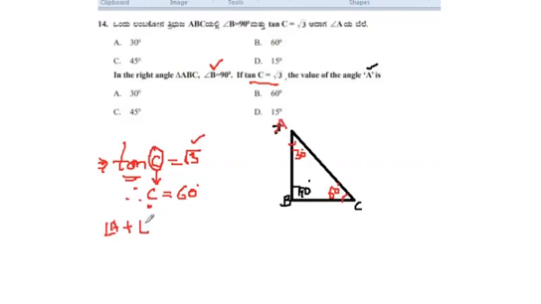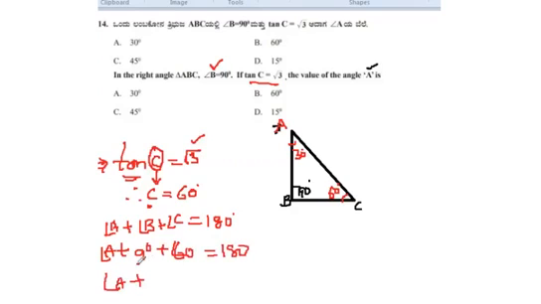In a triangle, the sum of 3 angles should be equal to 180 degrees. We all know this right from 6th class. So angle A I don't know, angle B is 90, angle C just found out as 60, and the total is 180. So angle A plus 90 plus 60 is 150, which should be 180. Therefore angle A is equal to 180 minus 150, which is equal to 30 degrees. So the correct option for this question is 30 degrees, option A.